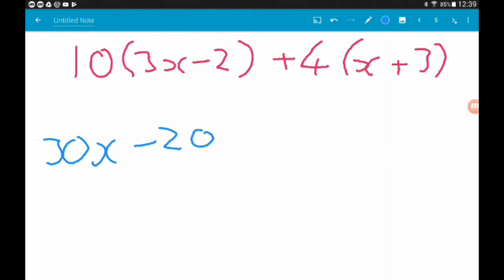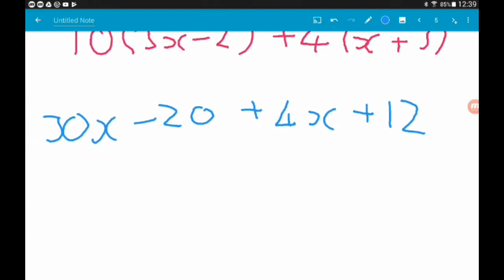Then we've got a plus. So 4 lots of x is 4x. And then 4 lots of 3 is plus 12. We've expanded.